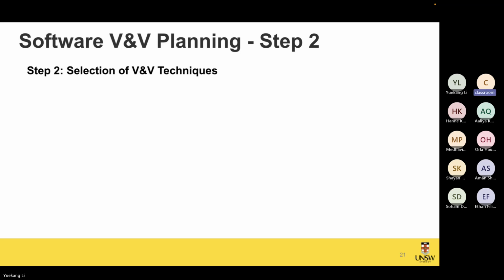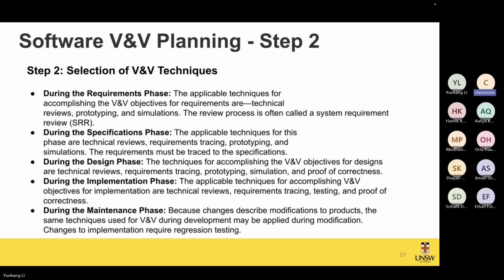And the second step is to select a suitable verification and validation technique. And this covers a lot of different things, so you don't need to go through all of these. We just need to know that for all the phases in a software development life cycle, we can do verification and validation.